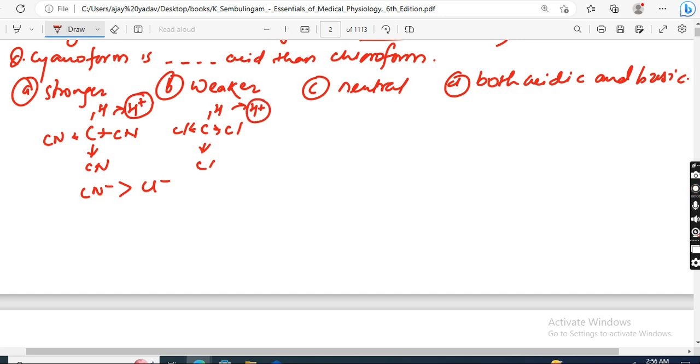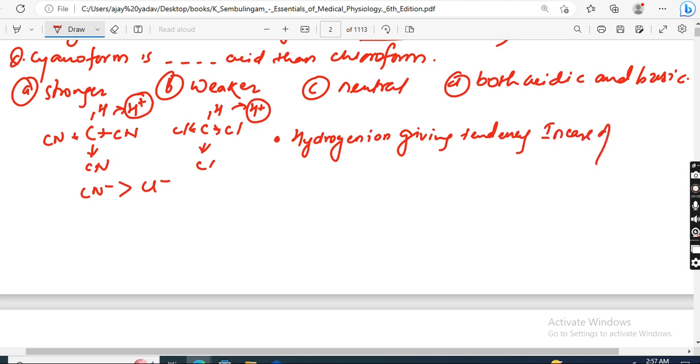So the hydrogen ion giving tendency in case of cyanoform is more than chloroform, right?